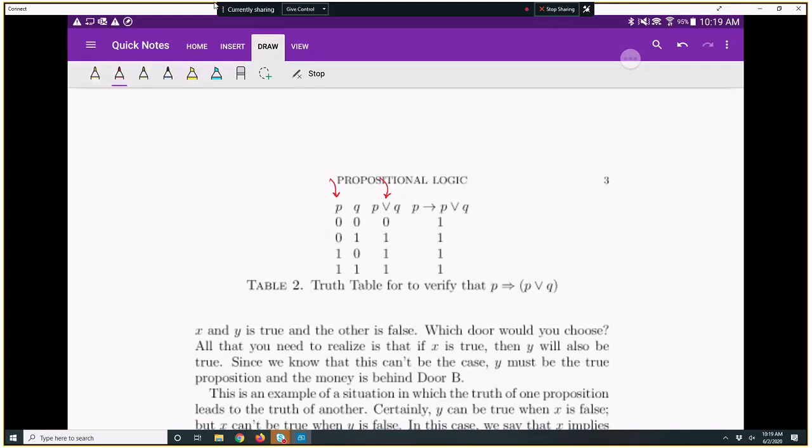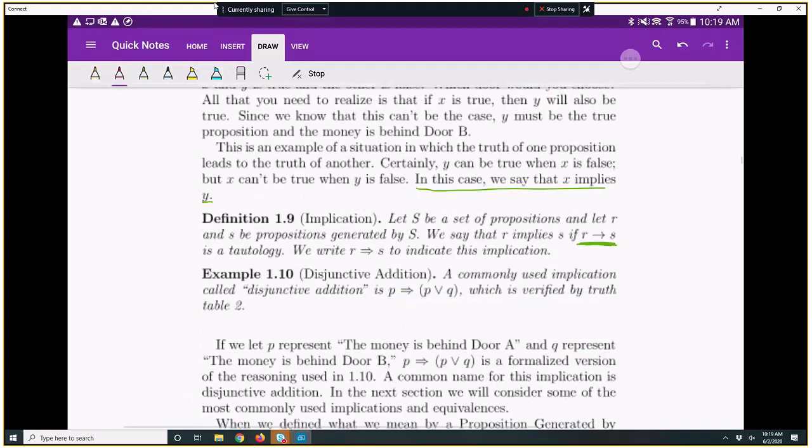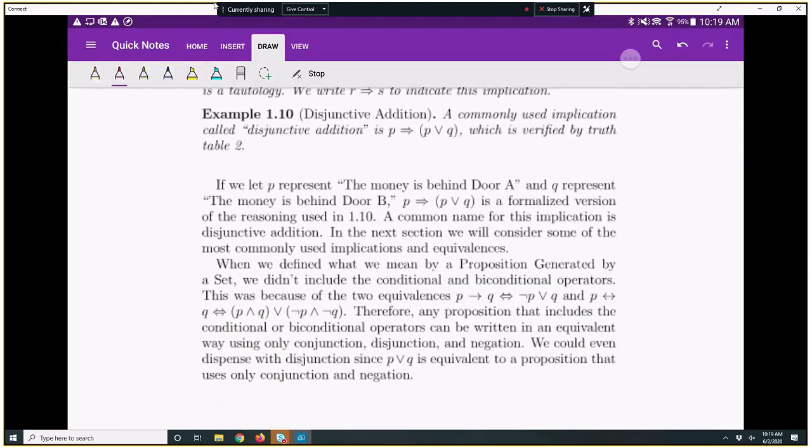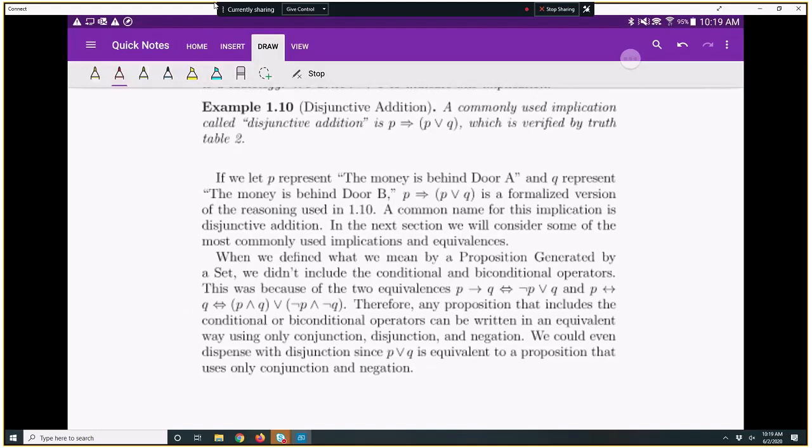False implies true, that's true. True implies true is true. True implies true is true. So we can see that P implies P or Q is a tautology, so we can go ahead and upgrade that to the double arrow. And this implication is called the disjunctive addition. It's often used, so we go ahead and make special note of it here.